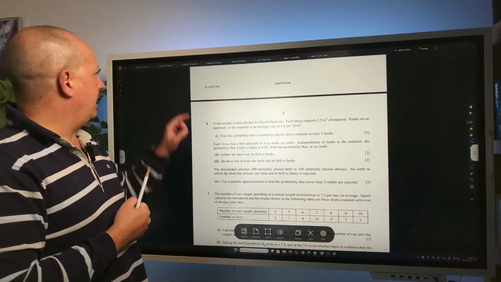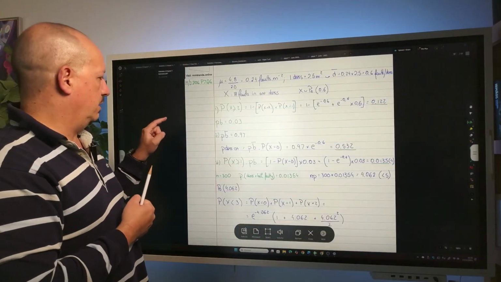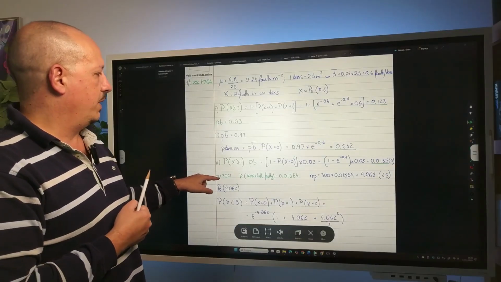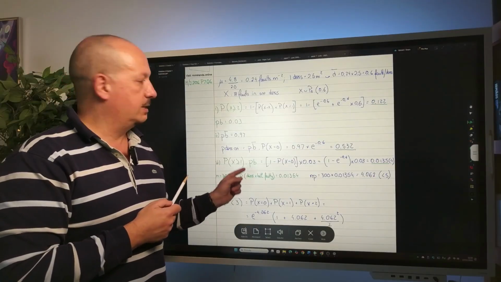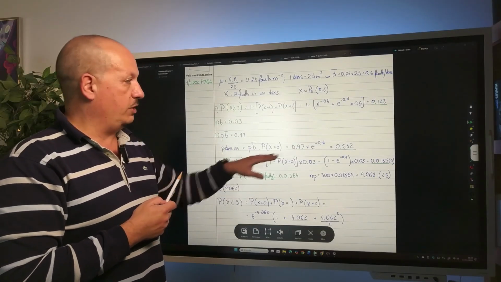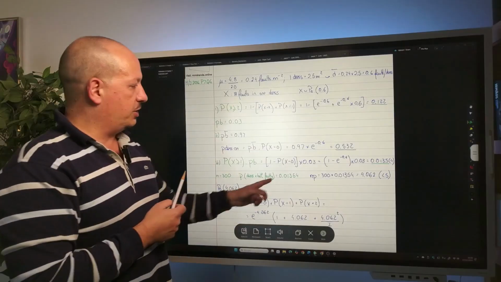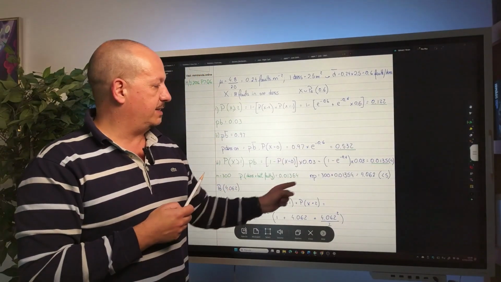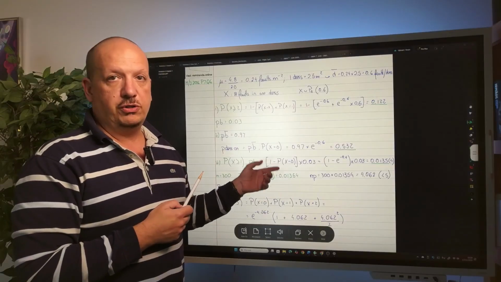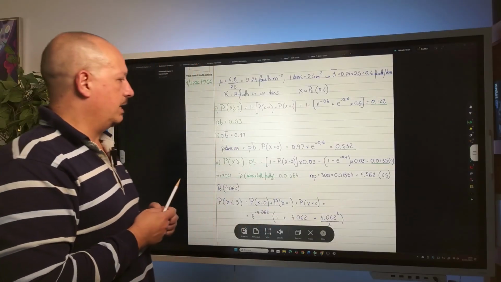Okay, so you have a total of 300 dresses. The probability that the dress has at least one fault and the belt is faulty, you just calculated before. I'm just adding here one significant figure because this is an intermediate value that you are going to use to get something else.